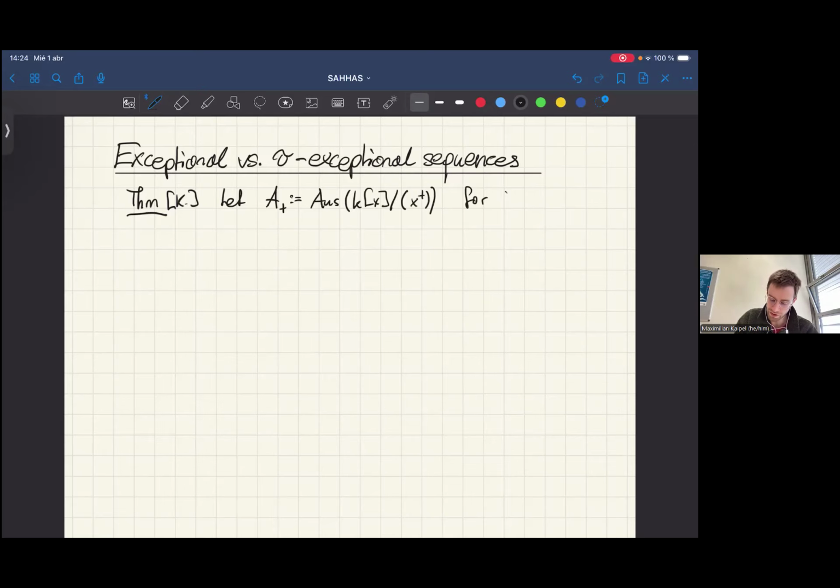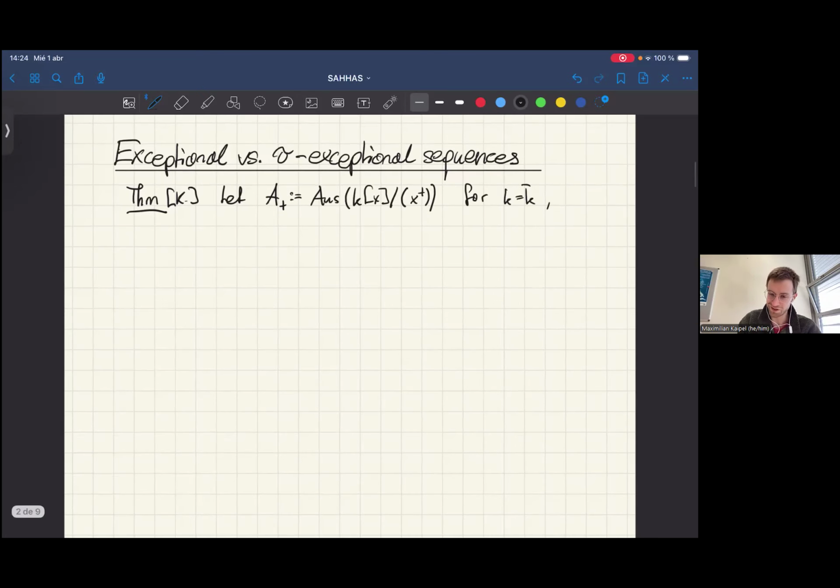Let's just assume that it is algebraically closed. I think it doesn't really make a difference, but some people have in the past assumed this, and so if I want to reference their results, I have to make sure that I'm using the same setting. So let's just assume that. And let's fix some t, some positive integer.